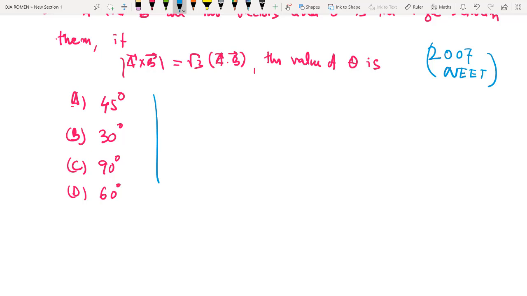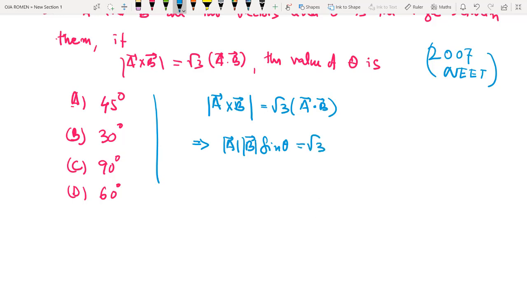So magnitude of A cross B equal to root 3 times A dot B. So this is magnitude of A, magnitude of B, sine theta equal to root 3 times magnitude of A, magnitude of B, cos theta.